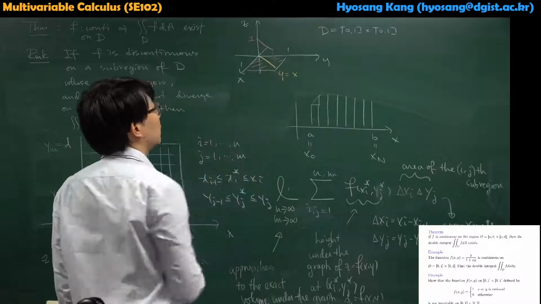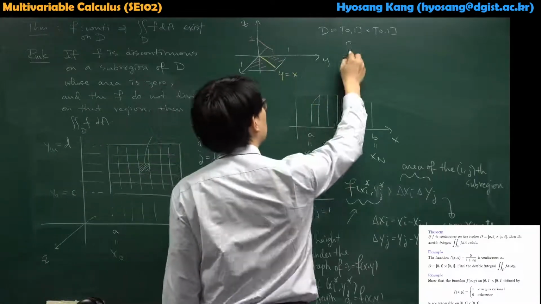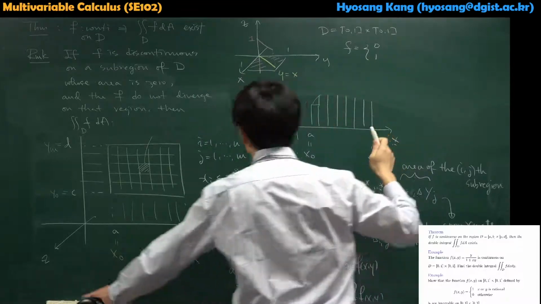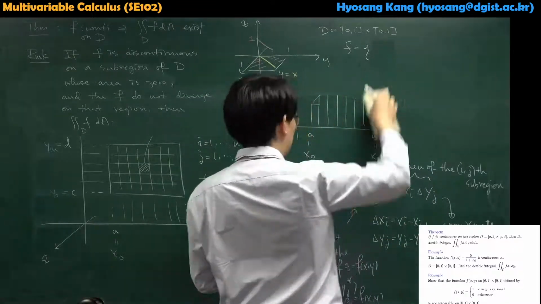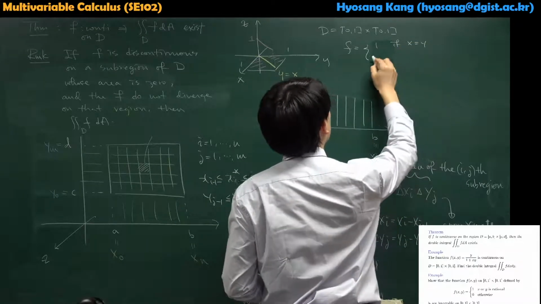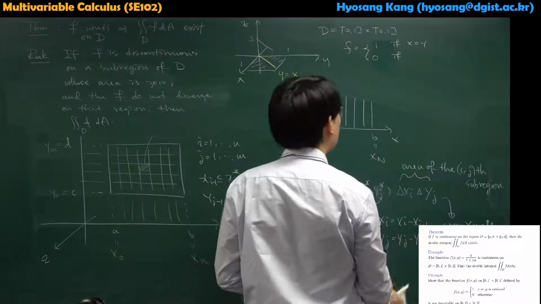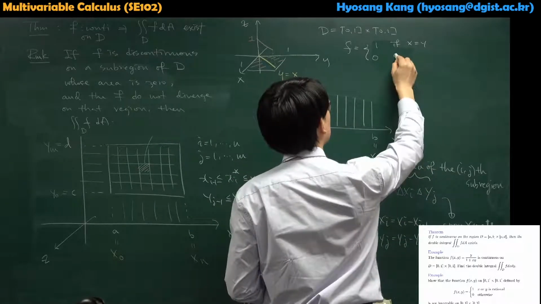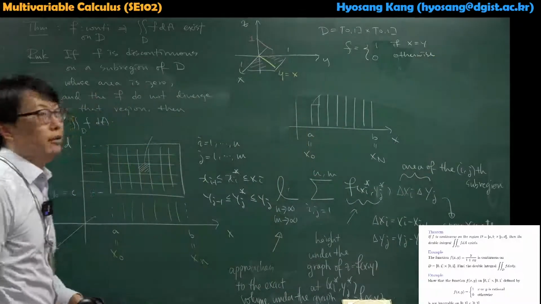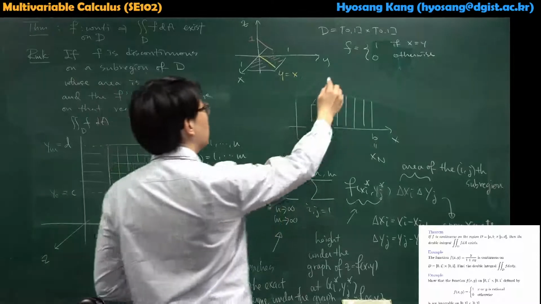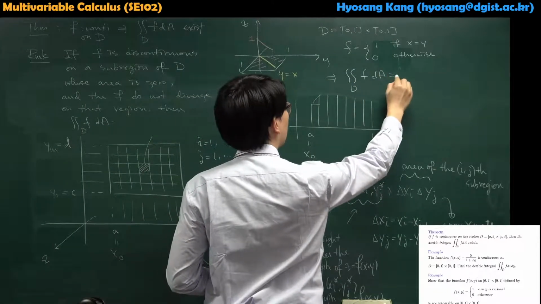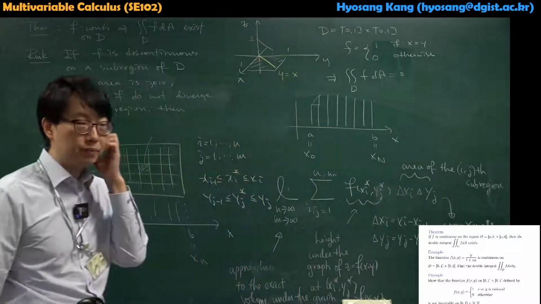So I define f to be 1 if x equals y and 0 otherwise. This double integral exists, and I know that this is 0.